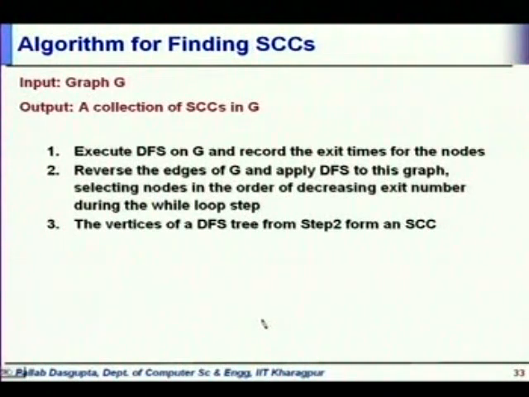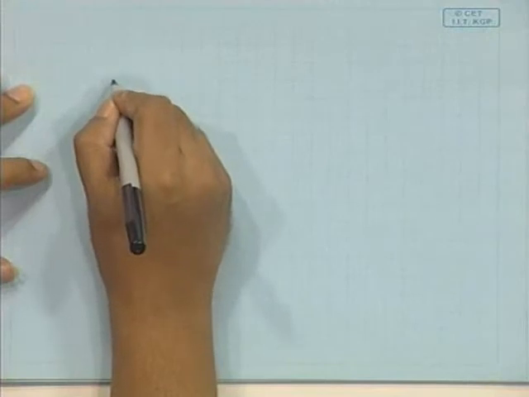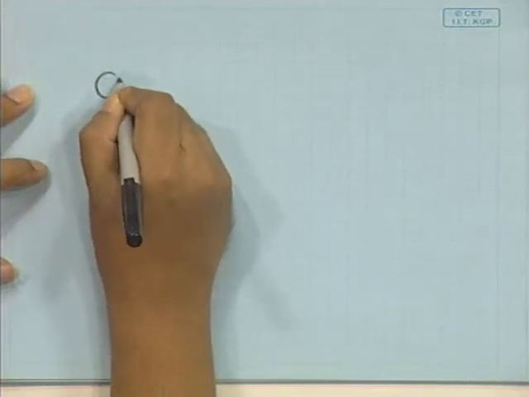So again we are going to look at the circuit graph. We are going to treat the circuit as a graph where each of the nodes, each of the gates, etc., are nodes of the graph, right. And if the output of one gate is feeding to the input of another gate, then we have an edge from the first node to the latter node. So let us look at an example for this.